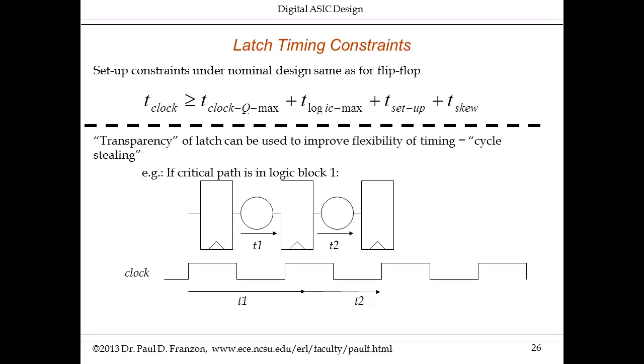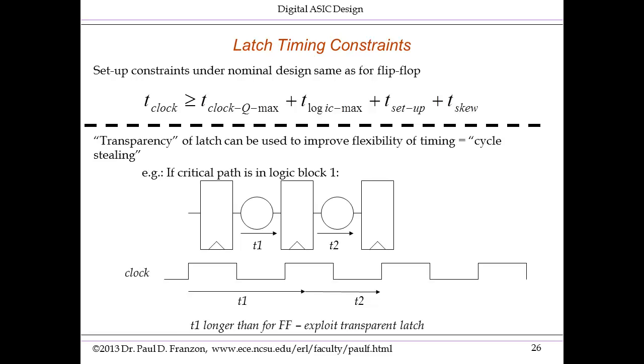This is perfectly permissible. And you can see in this example here, if the critical path was in logic block 1 and T2 was a faster piece of logic, then this would enable us to make a faster clock than if we just stick to the flip-flop based equations at the top of the page.